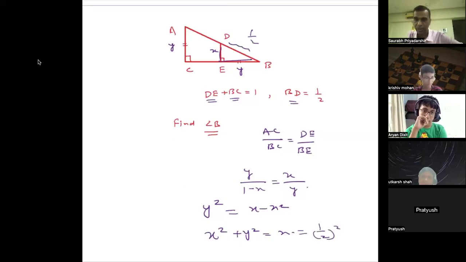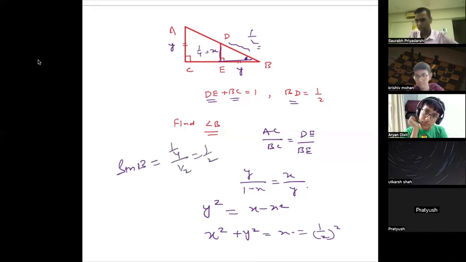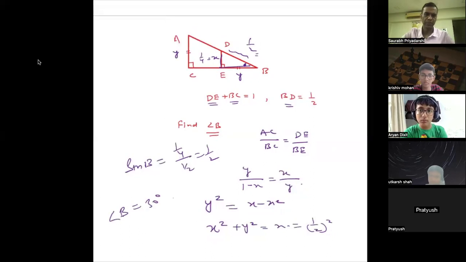X is equal to 1 by 4, and this is 1 by 2. So again, you can find the angle. Sine of B is equal to 1 by 4 upon 1 by 2, which is 1 by 2, so angle B is nothing but 30 degree. Simple. Not a lot of methods are there, but this is the simplest one, directly I'm getting all the values.